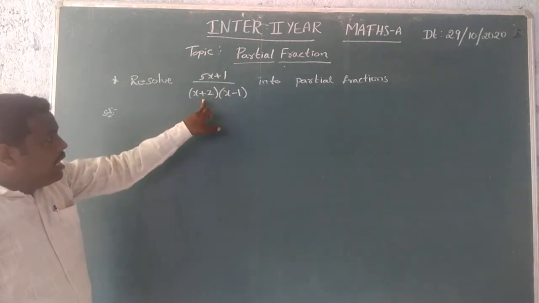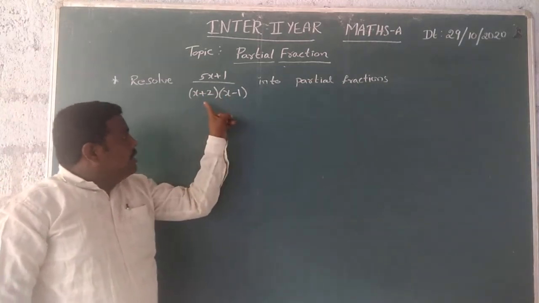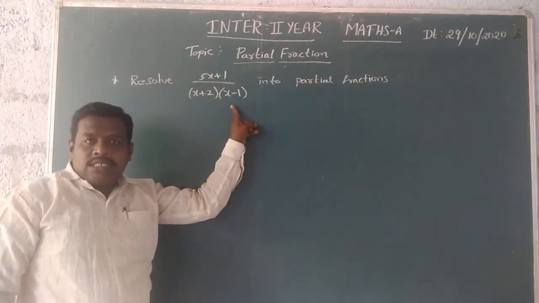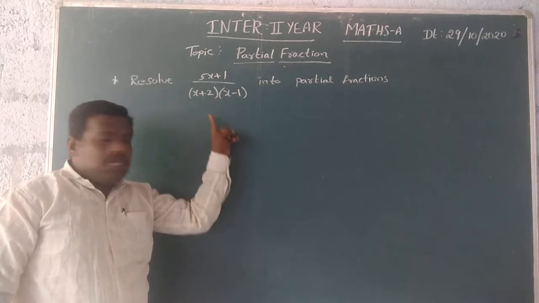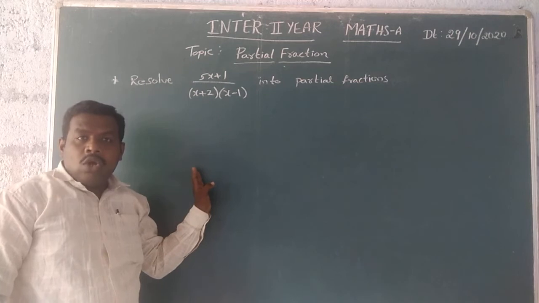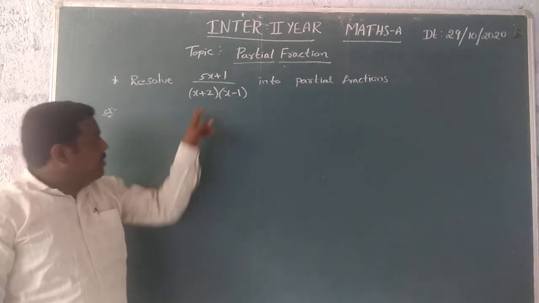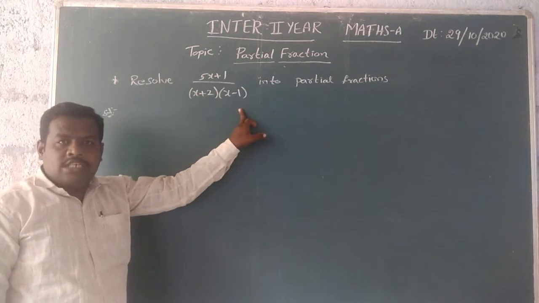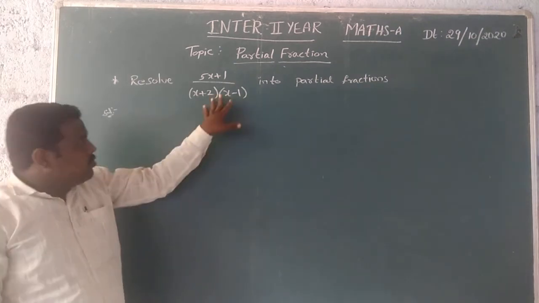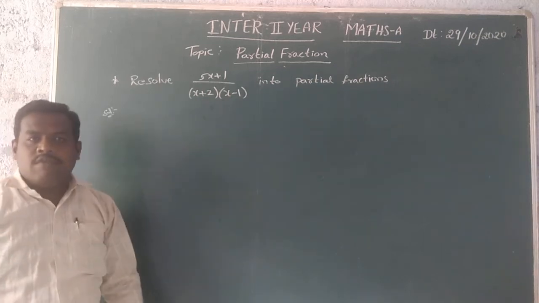In this fraction, what is g of x? g of x has how many factors? There are two factors, x plus 2 into x minus 1. These two factors are linear and non-repeated linear factors.